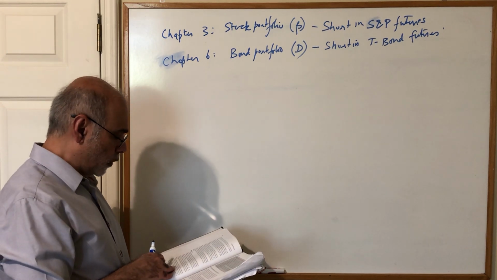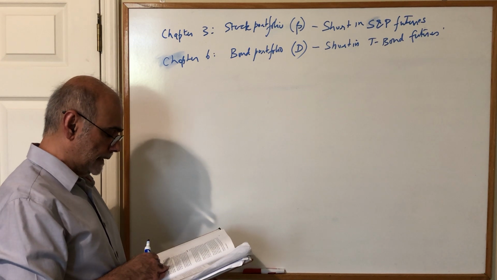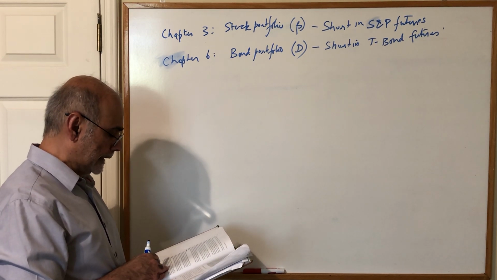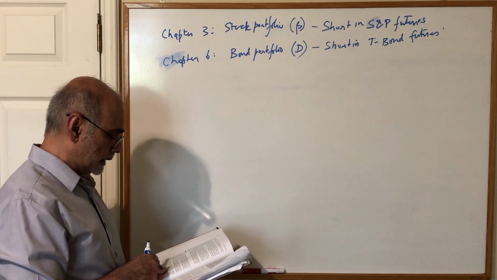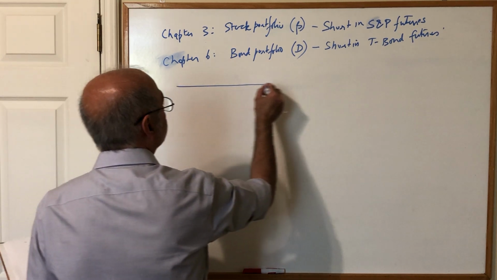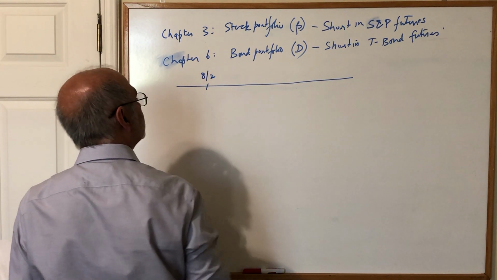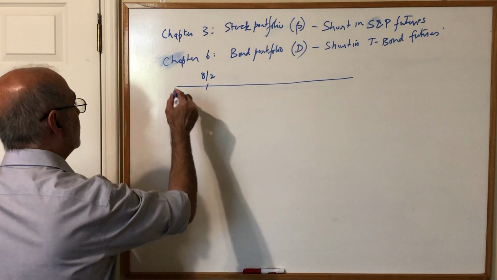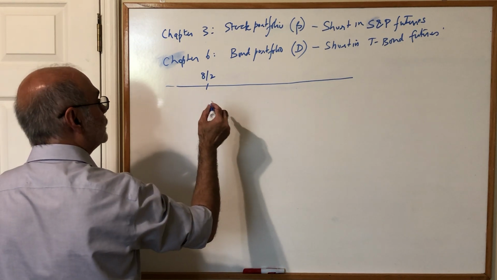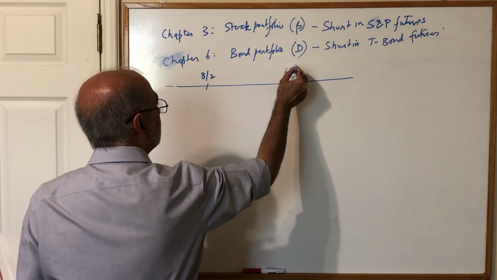Okay, it is August 7th and a fund manager with 10 million invested in government bonds is concerned that interest rates are expected to be highly volatile over the next 3 months. So let's draw the timeline over here. It's August 2nd, and over the next 3 months, what is the fund manager expecting?